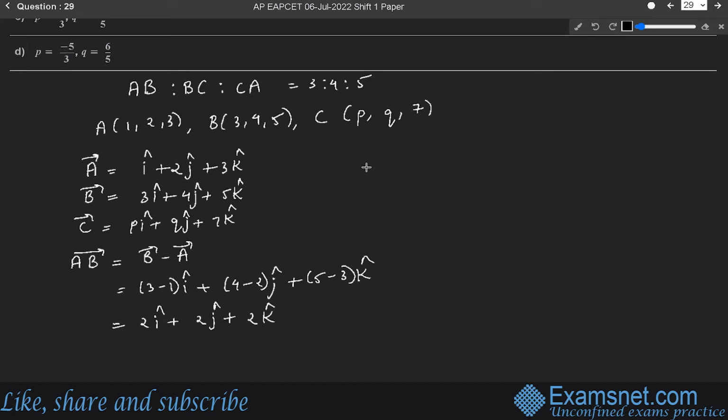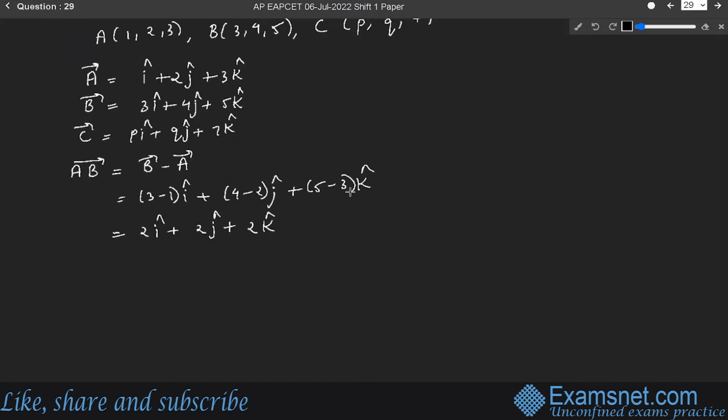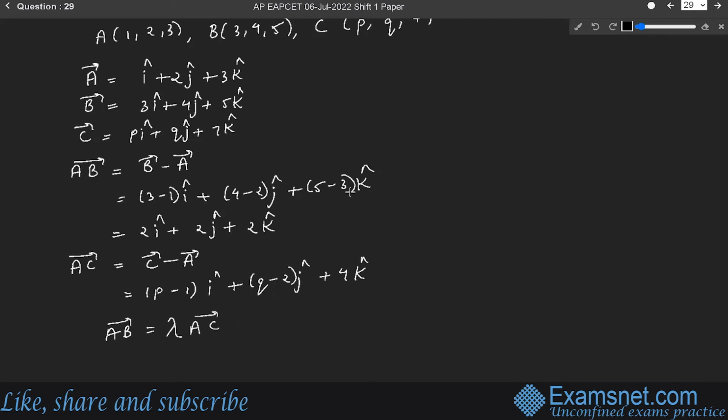Now this is the value for AB vector. Similarly, AC vector will be equal to C vector minus A vector. So it will be equal to P minus 1 i cap plus Q minus 2 j cap plus 4k cap. We know that AB vector is equal to lambda into AC vector.